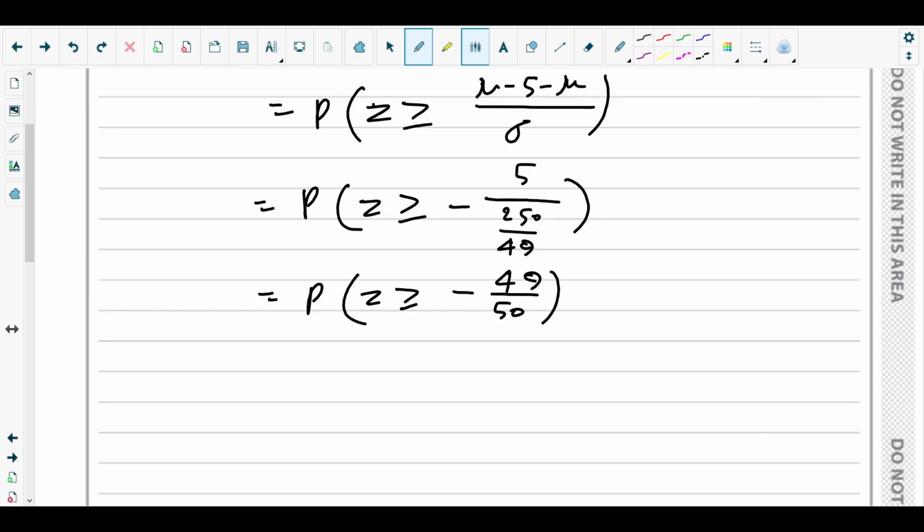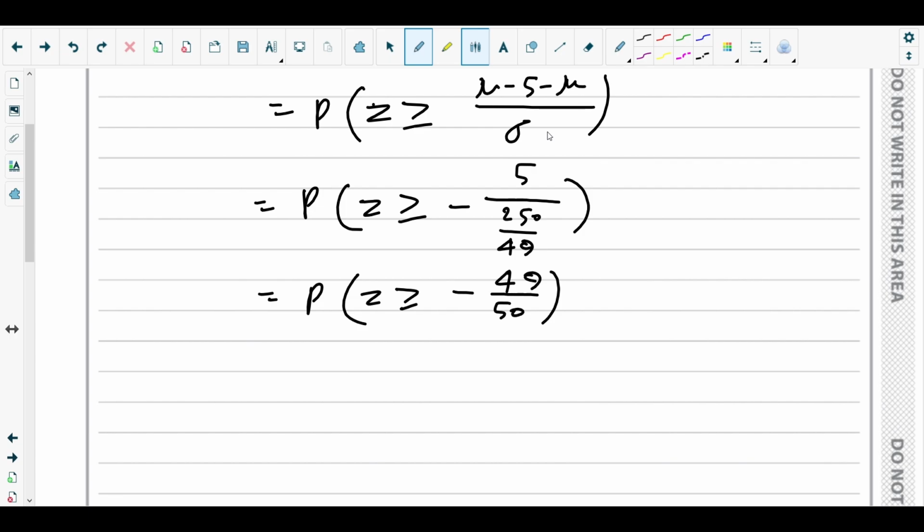Okay, so what would be the probability? We got the standard value for mu minus 5. So go to mode. If you are using a Casio ClassWiz calculator, then mode 7, normal cumulative distribution. Here we want to find z greater than or equal to, so the lower limit would be negative 49 over 50 and the upper limit would be infinity, 9999, something like that.